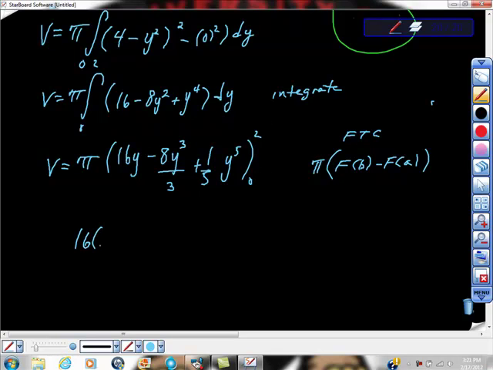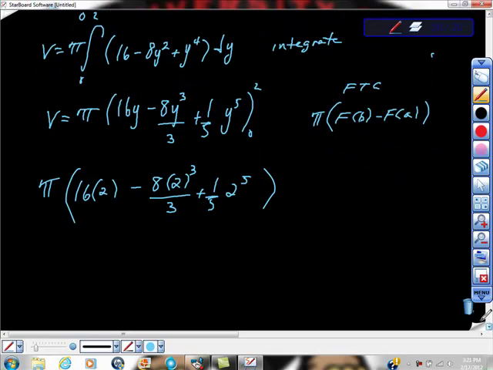So I had 16 times 2 minus 8 times 2 cubed over 3 plus 1/5 times 2 to the 5th. And I remember this value of pi out here. If you're still with me, you're amazing. This gives us 32 minus 64 thirds plus 32 fifths all times pi.